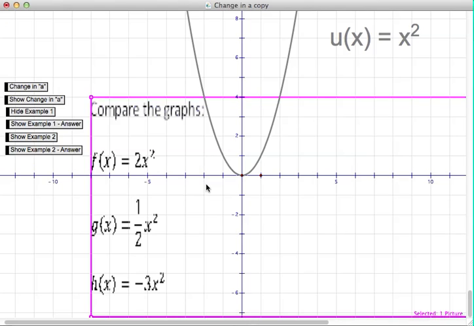It does not matter if it's positive or negative. Positive and negative only tell us if it's opening up or opening down. So when we're looking at these three graphs, ask yourself which one would be the most narrow.